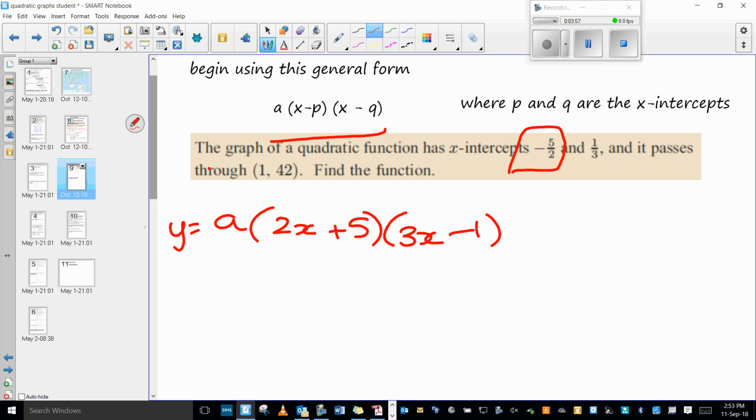It goes through the coordinate of (1, 42), so in the same way that we were just talking about, we then substitute those values in for the x and the y. So we're going to say 42 equals a, 2 times 1 plus 5, and 3 multiplied by 1 subtract 1. Okay, so I've just substituted in this coordinate.